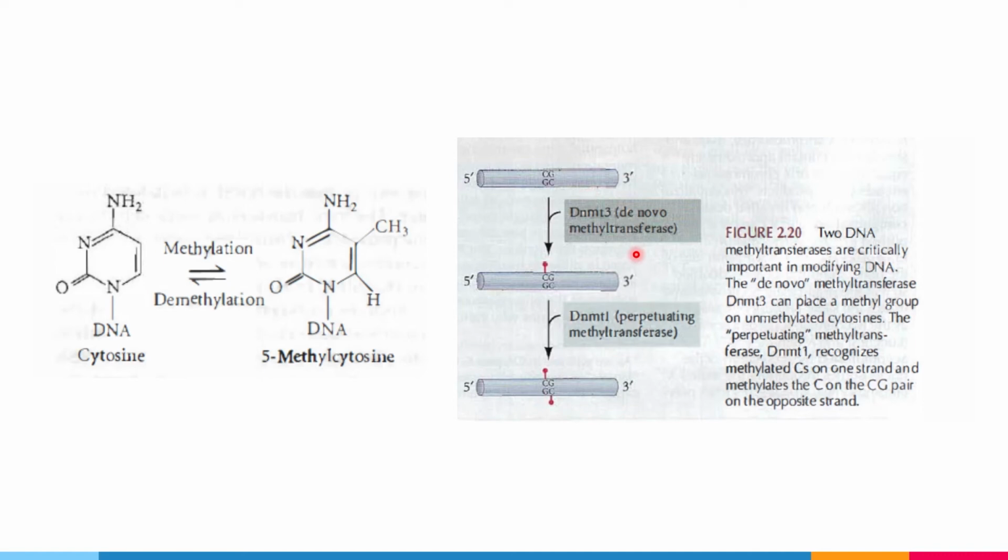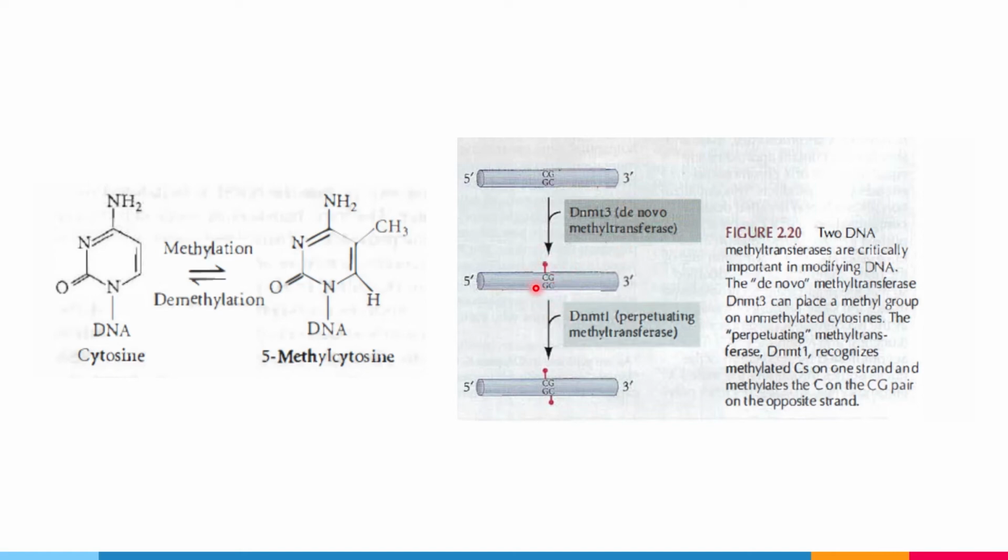De novo methyl transferases recognize CpG islands, a stretch of C's and G's that are present in the DNA sequence, and they go ahead and methylate a C that is present in the sequence.